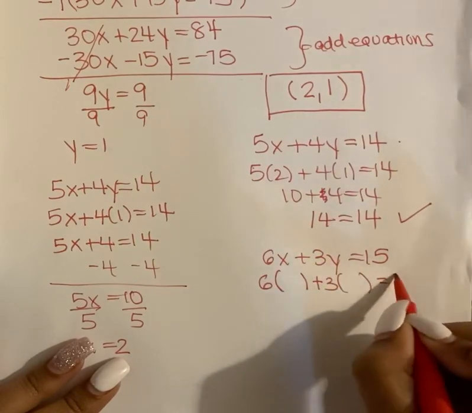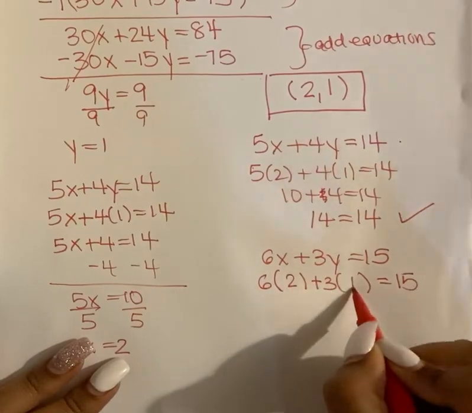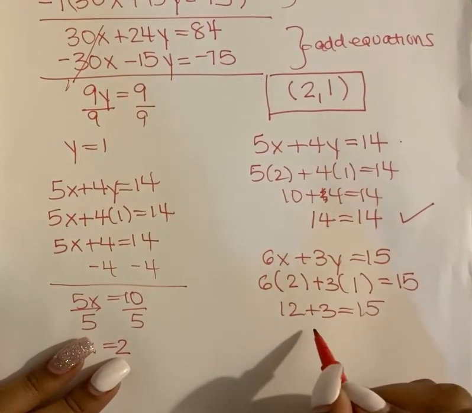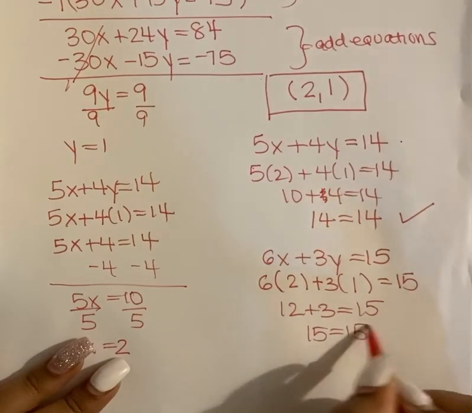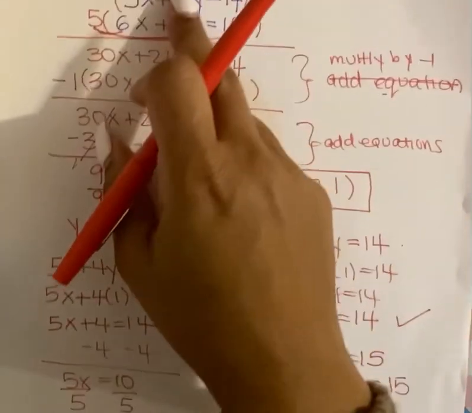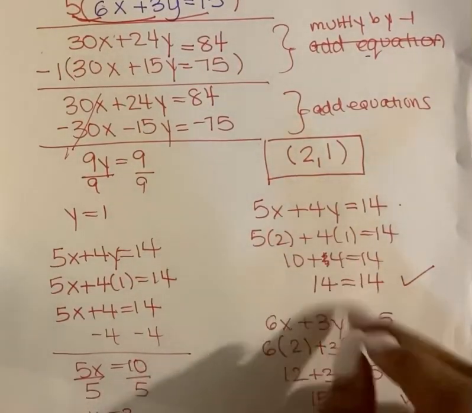That's what makes it a solution to your system. So my x here was 2 and my y was 1. And I have 12 plus 3 is 15. So 15 equals 15. So this point (2, 1) is a solution to my system here because it works for both equations. It gives me a true statement when I substitute the values in.